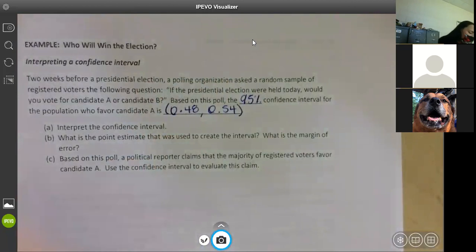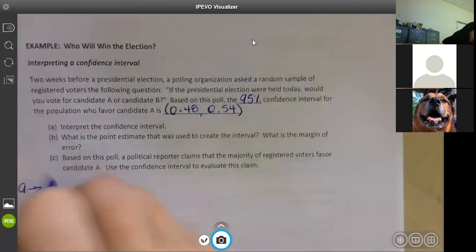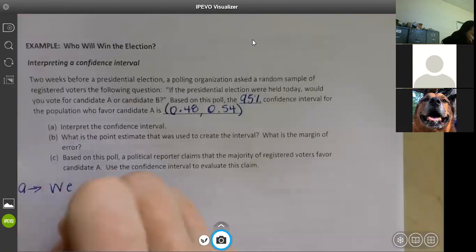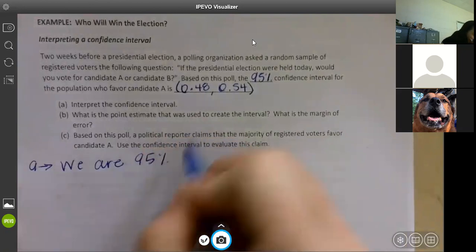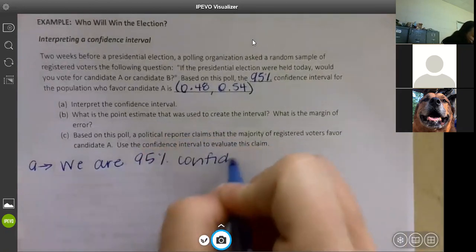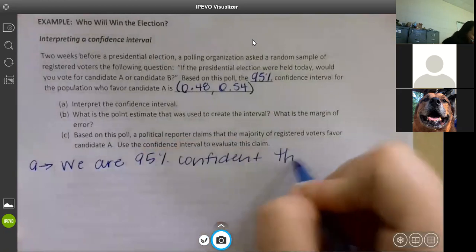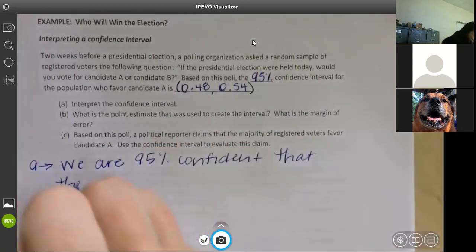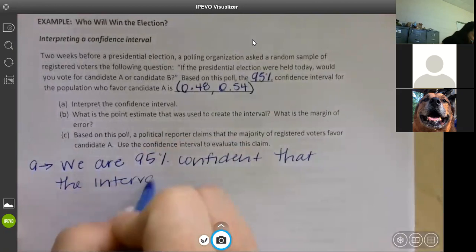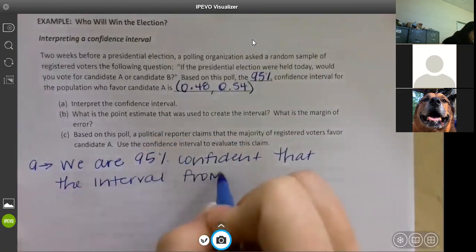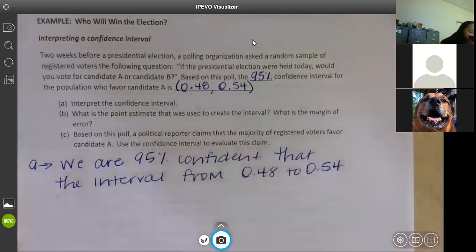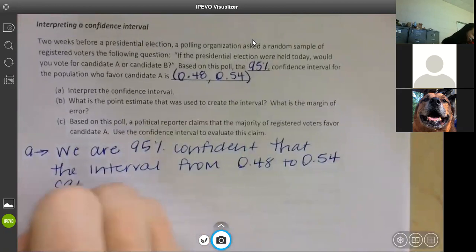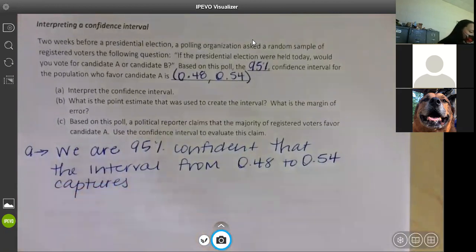So interpret the confidence interval. Remember what I just said. We are, what's our percent? 95% confident that the interval from 0.48 to 0.54 captures, and what does it capture?